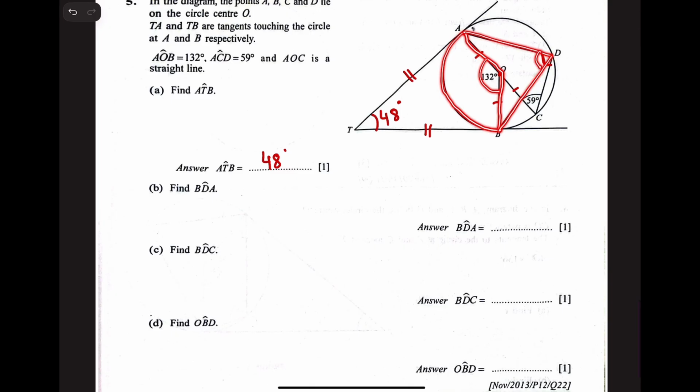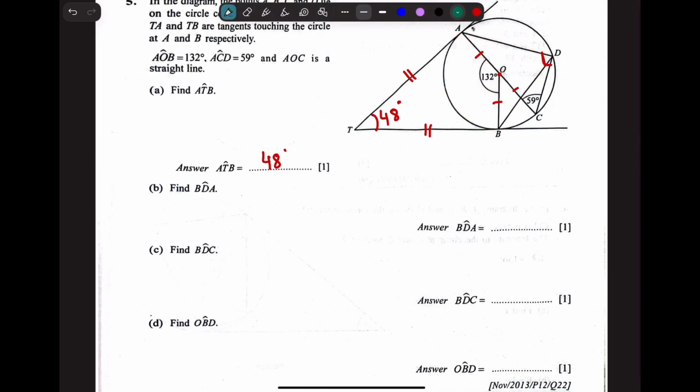So basically this angle is going to be 132 divided by 2, which is 66 degrees. Okay, so this is going to be 66 degrees.